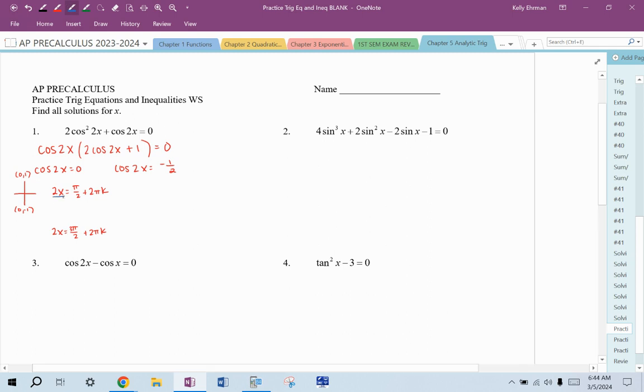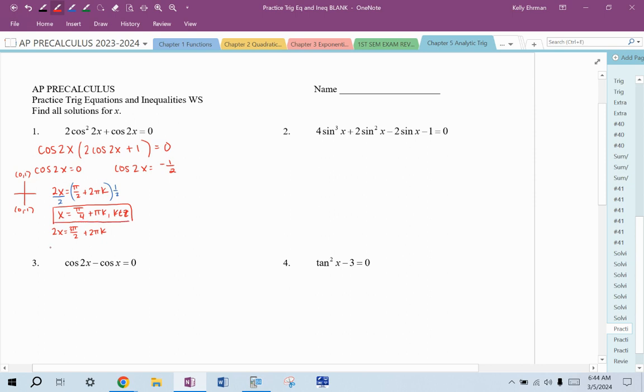And then when we divide by 2, or think of that as multiplying by 1/2, we get x equals pi over 4 plus pi k, where k is an integer. So that's the first solution set.